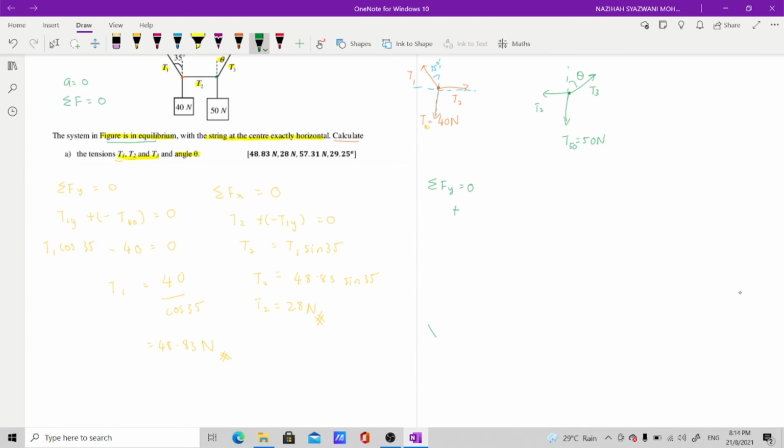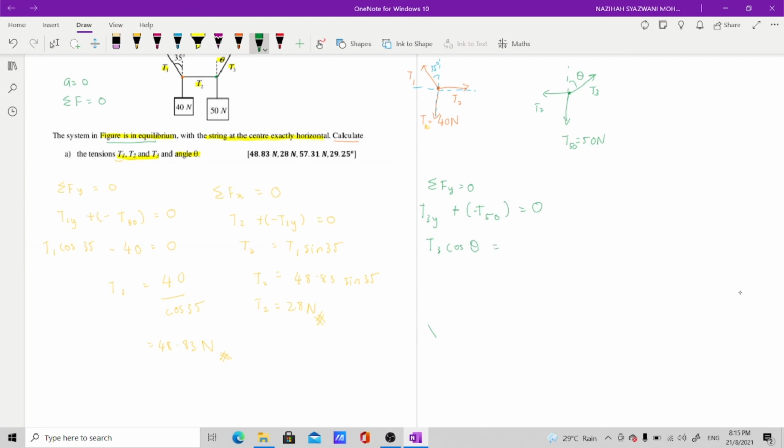For the y component, we have the y component of T3. So we have T3y minus T50 equals 0. T3y is T3 cos theta, so T3 cos theta equals 50.